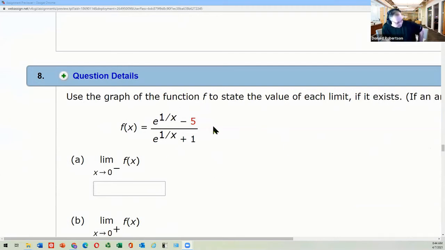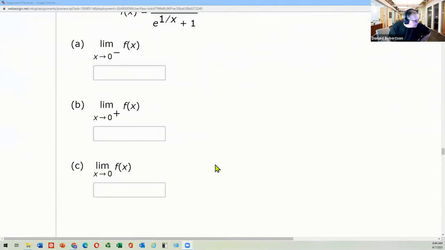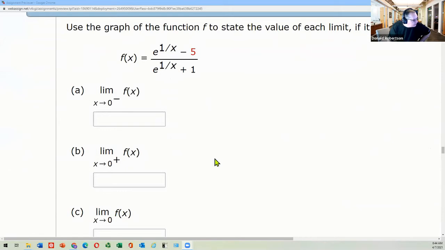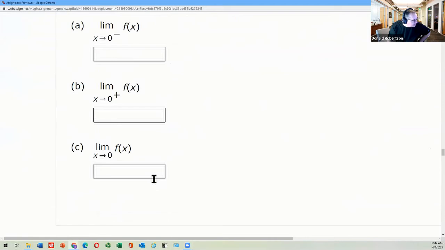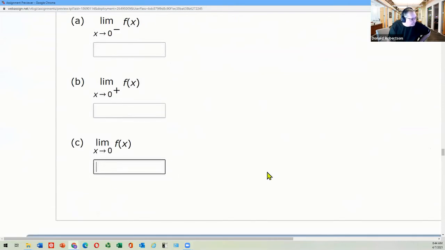Now, if you plug this into Desmos, you will see that there is a problem at 0. This side will be a different number from this side, and the overall limit will not exist.